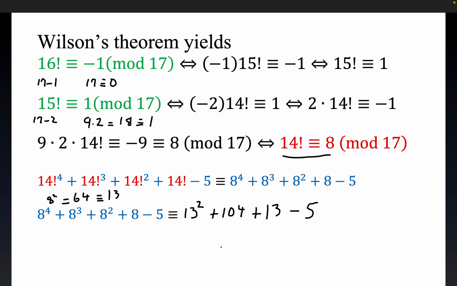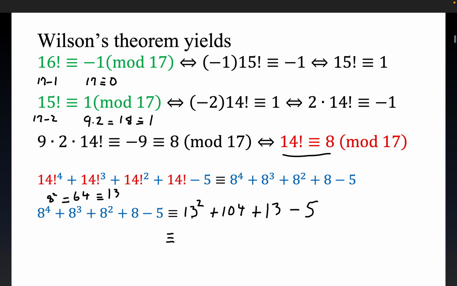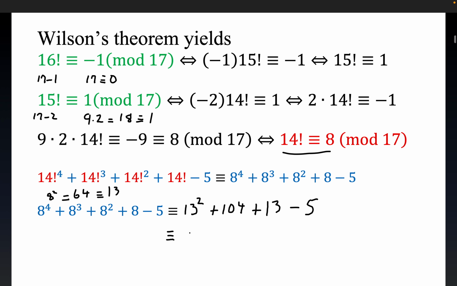And we're hoping this will come out to be 0 mod 17, okay? Now let's take a look here. Now this is 169. And again, I'll just write down 10 times 17 is 170. 169 is 1 short of 170. So a little trick here is just to write 1 short of the modulus, which is 16. Okay, so I'm going to put 16 right here.